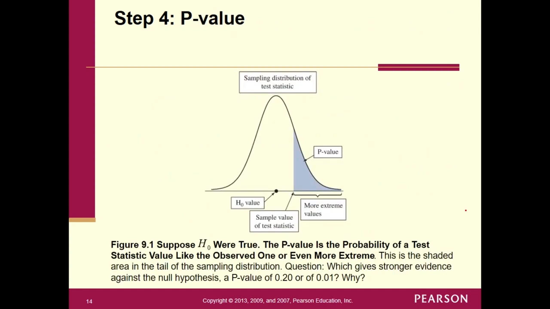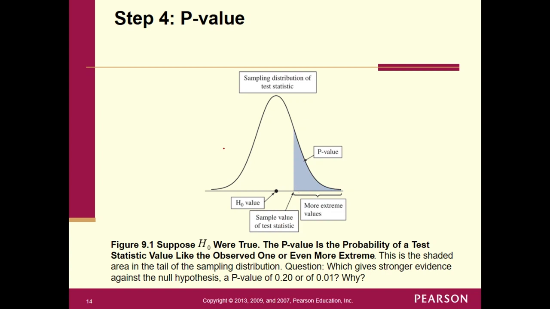This right here is something right out of the textbook, and it depicts basically the same thing I just did: you put the value of the null hypothesis right here in the middle. This is the sampling distribution of the test statistic, which is either x bar or p hat. Here is the value of the test statistic.